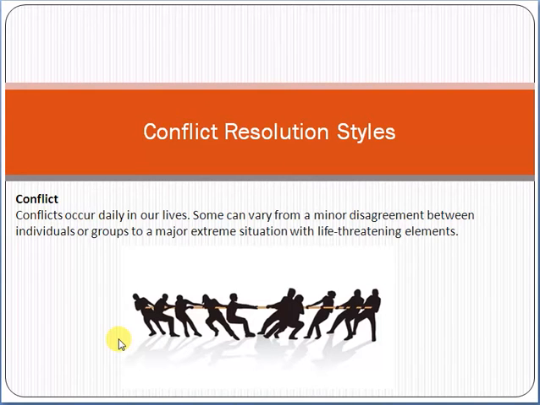Conflict resolution styles. Friend, first of all, we have to understand what is conflict. Friend, conflict is a disagreement with respect to your point of view. It's simply a disagreement.